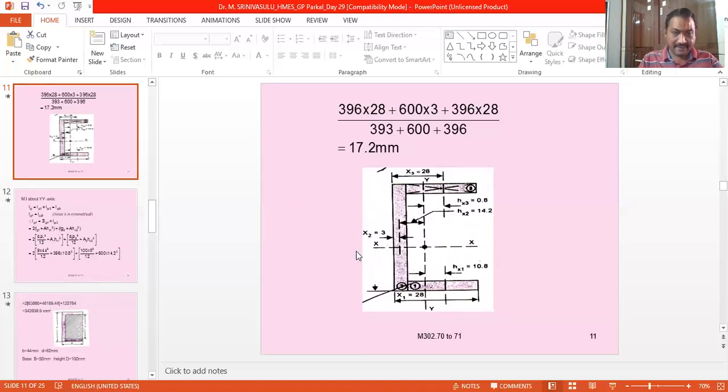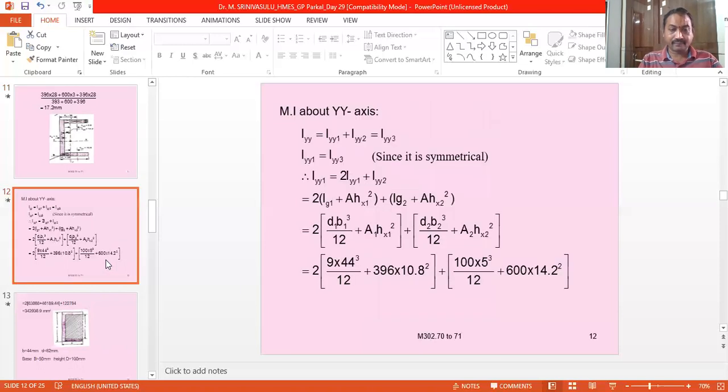In the present case also, I1 is equal to I3 since it is symmetrical. Since rectangle 1 and rectangle 3 are symmetrical with each other, the moment of inertia will be the same.